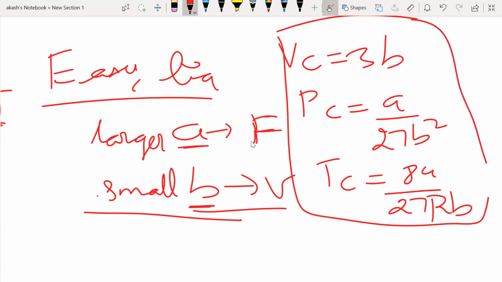Questions might come, might not come, but they will not give you A and B values and ask you to calculate, right? One question came in the match-the-following kind of questions. They just give TC, PC, and VC on one side and the formulas on the other, and you need to match them properly. And one more formula is there for the boil temperature, that I'll also give you.